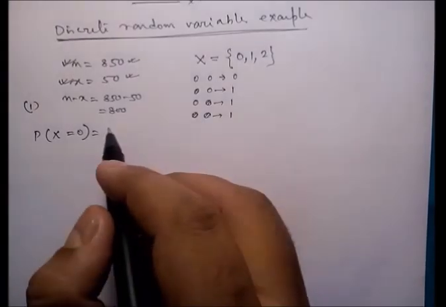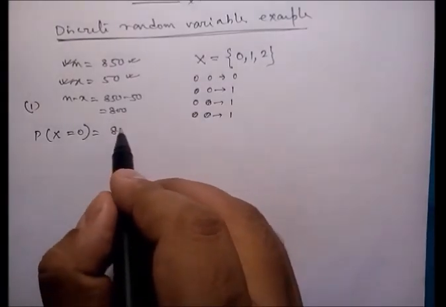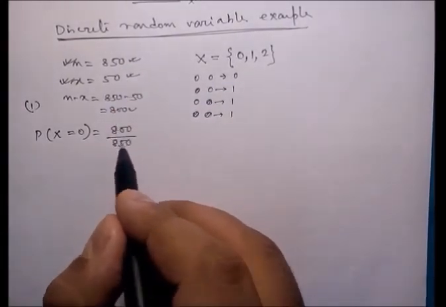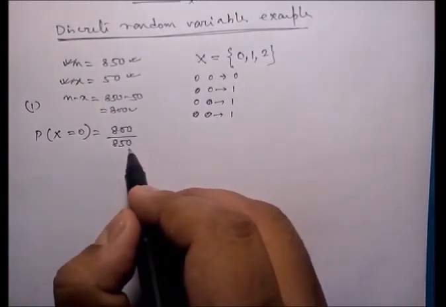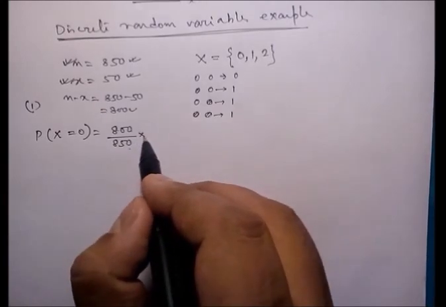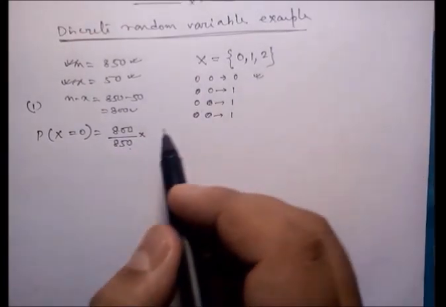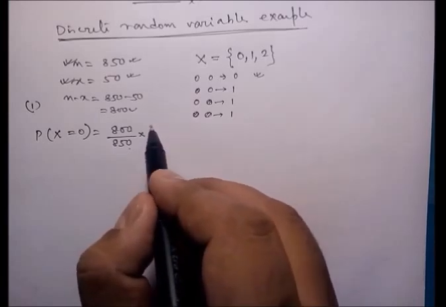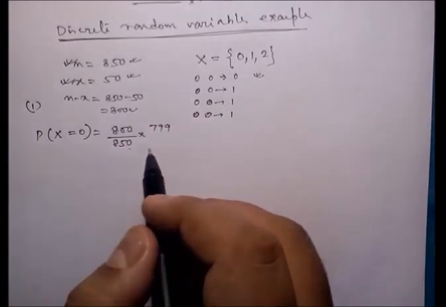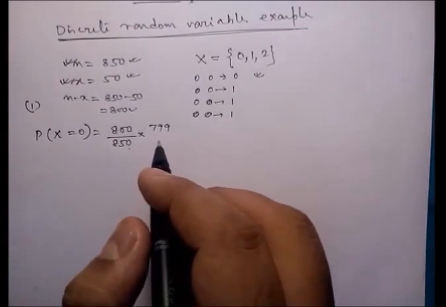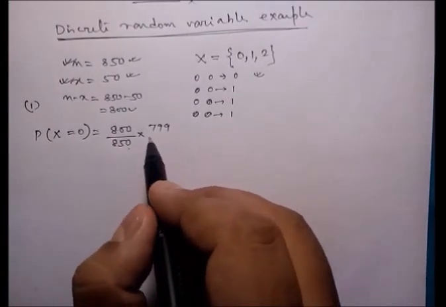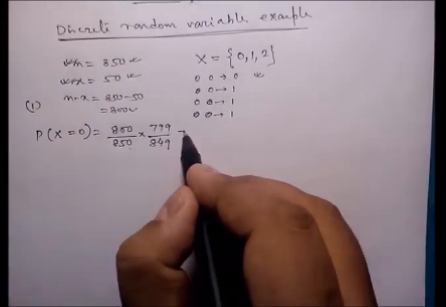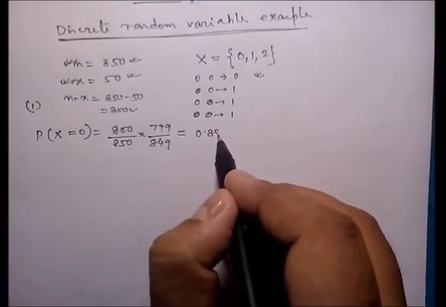So probability of getting a first good product is 800 by 850, total number of favorable events by total number of events. Now the second time, one less, so 799 by 849, because it is without replacement. Clear? So the answer is 0.886.